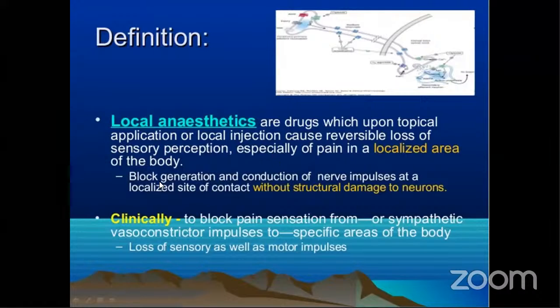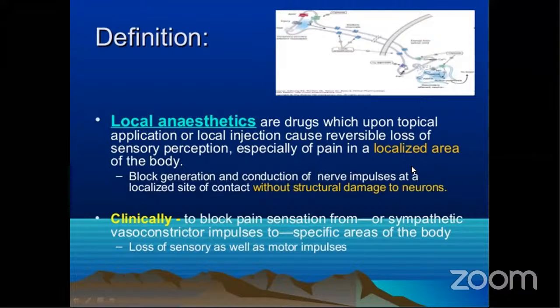Block generation and conduction. How are they producing their action? By blocking the generation and conduction of nerve impulse at a localized site of contact, without structural damage to the neurons. Your body parts have neurons, and that's why you get sensation, through the generation and conduction of nerve impulse.